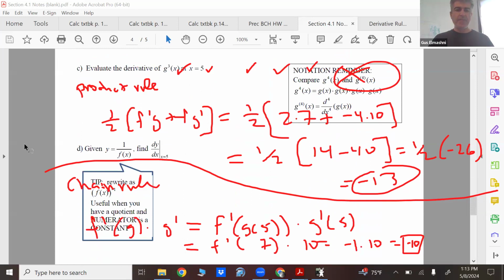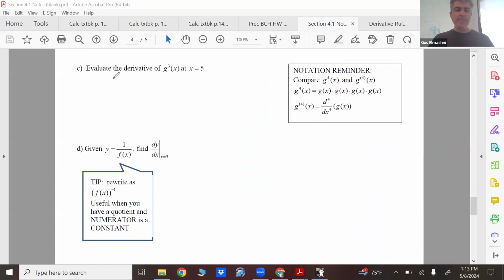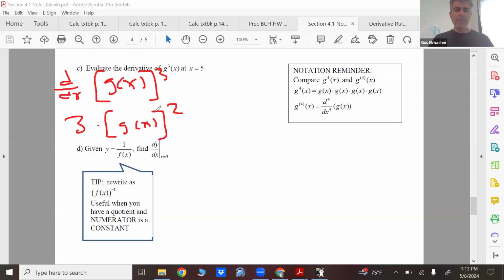Okay, let's take a look here. Think of it like this: G of x raised to the 3rd power. So if I take the derivative of that, does that make sense what I just did so far? And I'm putting 5 in, right?